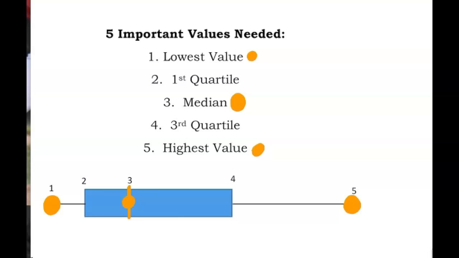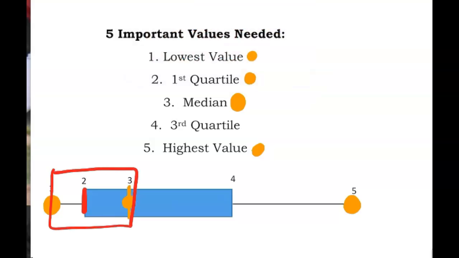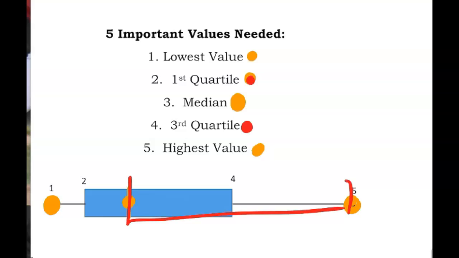And then the first quartile is simply the median of the first half. So it's the middle of the first half. And the third quartile is the same thing on the other side. The third quartile is the median of the second half of the data. They call them quartiles.